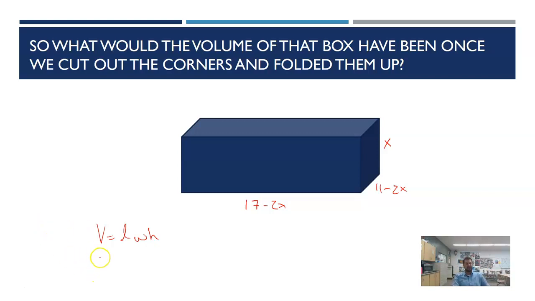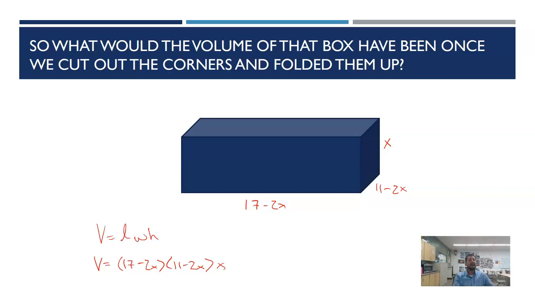So what I could really say here is that if we wanted a formula to help us find the volume that wasn't just length times width times height, the formula is 17 minus 2x times 11 minus 2x, and then the height of the box would just be x. And whatever we decided our height was going to be, we'd just plug that in for x in this equation, and it would tell me what the volume is.